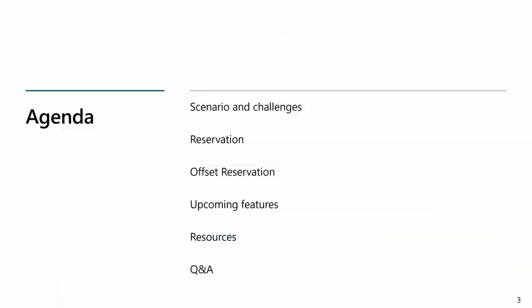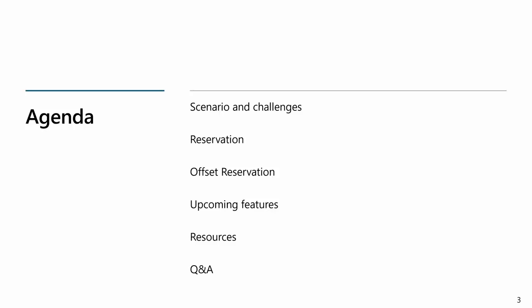We'll begin with the scenarios and challenges of the potential overselling and double booking issue, and resolve these issues one by one by introducing soft reservation as well as offset features correspondingly. And then we'll introduce the upcoming feature inside Dynamics 365 Supply Chain Management to allow our users to make soft reservation directly from sales orders inside Dynamics 365 SCM.